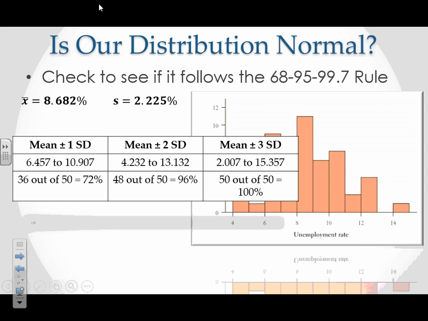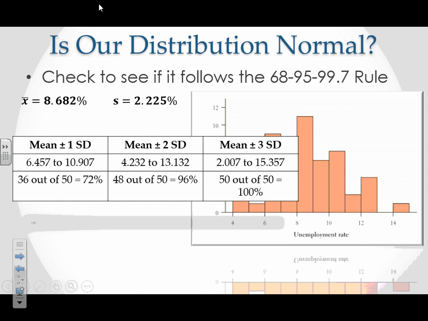So what we would need to do at this point is evaluate. I got 72%. Normally that should be 68. I had 96%, that should be 95. And I had 100%, that should be 99.7. So overall, did we seem to follow the 68, 95, 99.7 rule fairly well?